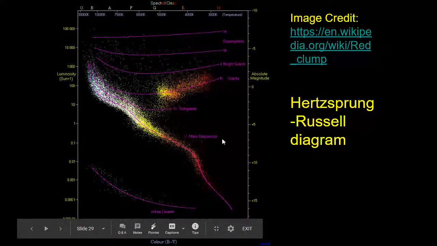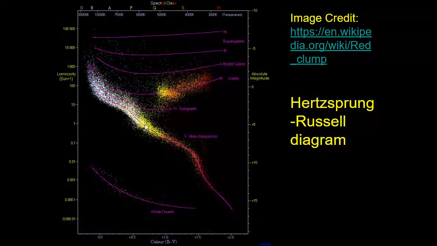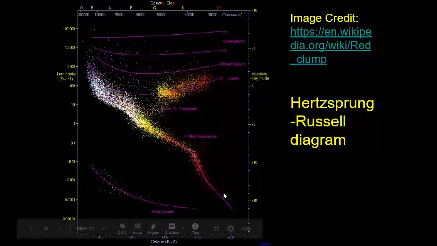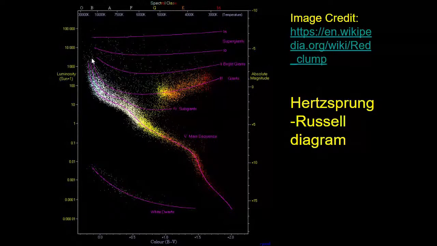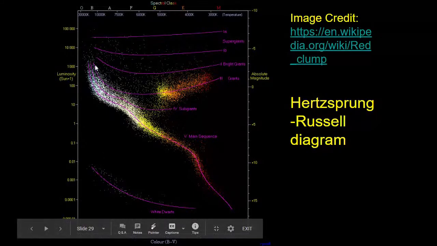That means stars in whose core four protons are effectively fusing to make one helium nucleus. And as you can see, the more luminous stars tend to have a higher temperature.